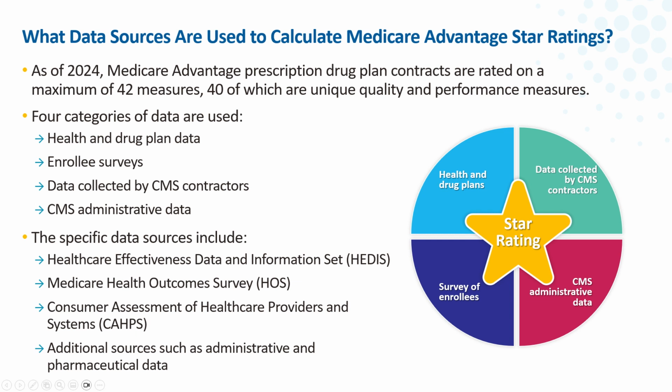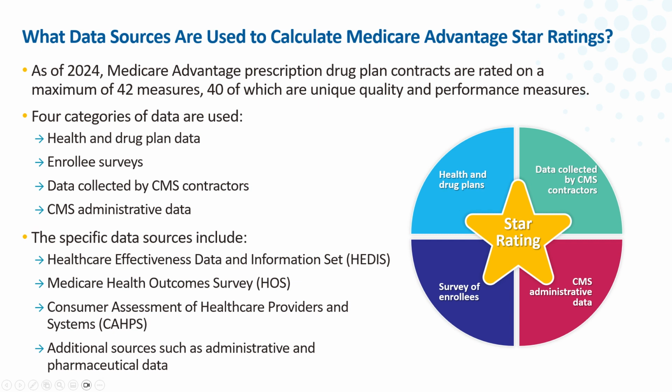Measures are calculated using 4 categories or sources of data, which at a high level includes health and drug plan data, enrollee survey data, data collected by CMS contractors, and CMS administrative data.